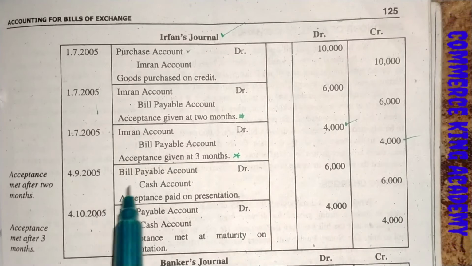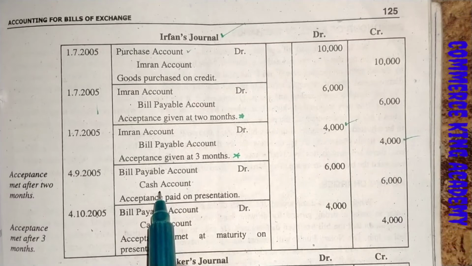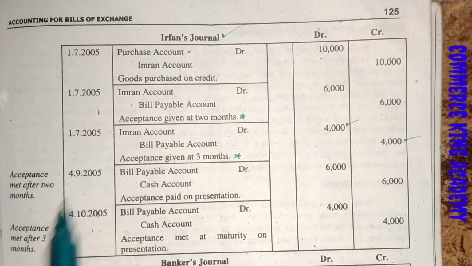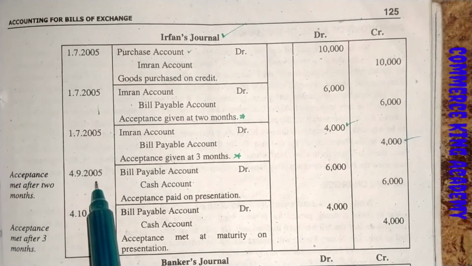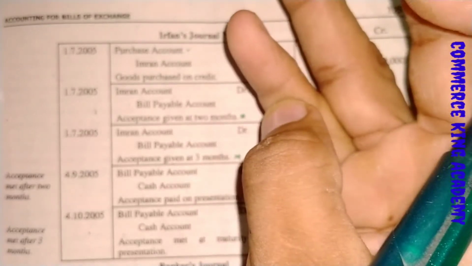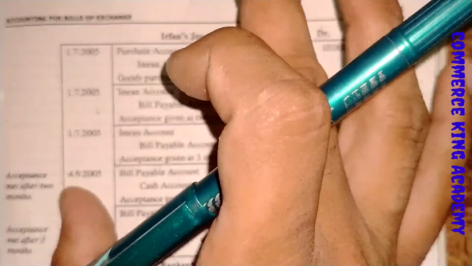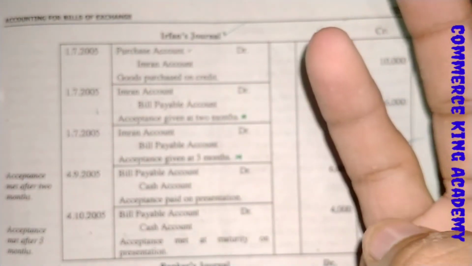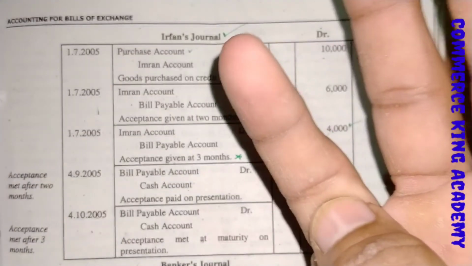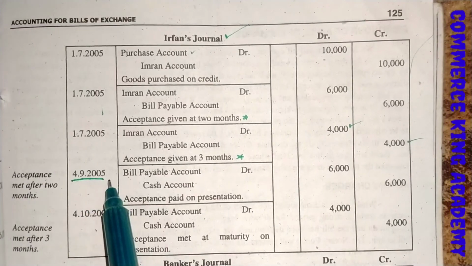So when Irfan makes the payment, the entry will be in the accounts of Mr. Irfan on 4th September 2005, because this bill has a duration of just 2 months: July, August, and 4 days as a relaxation period for Mr. Irfan. So it will be 4th September. The date will be after 2 months, 4th September 2005.